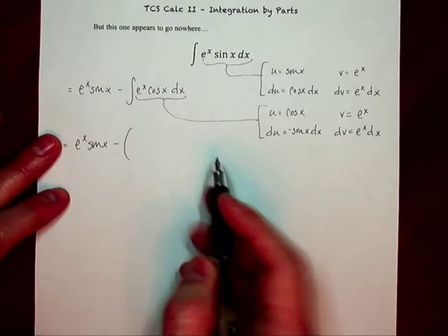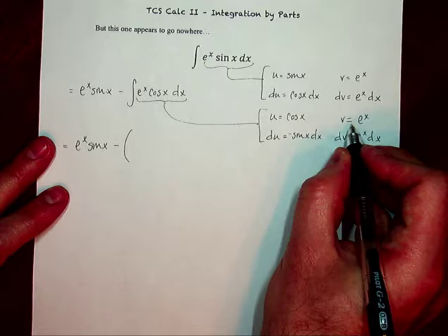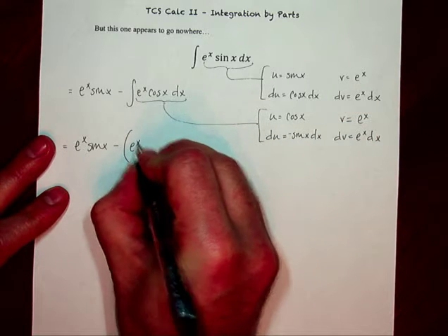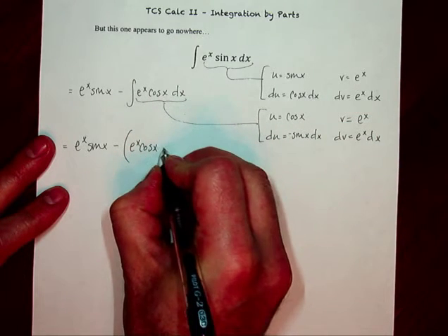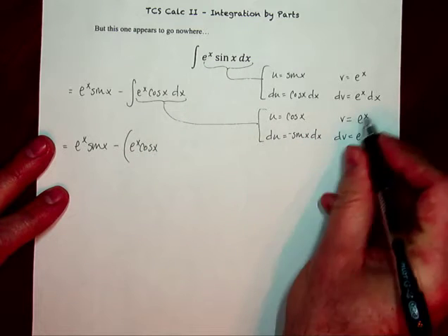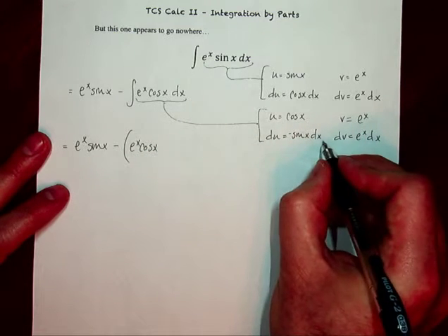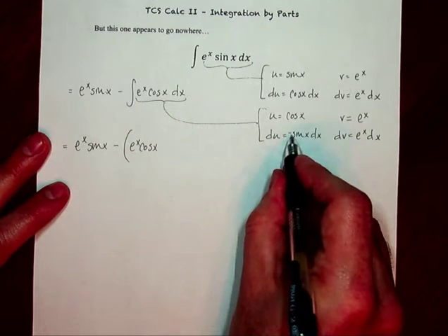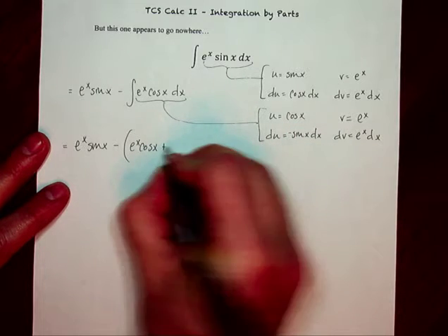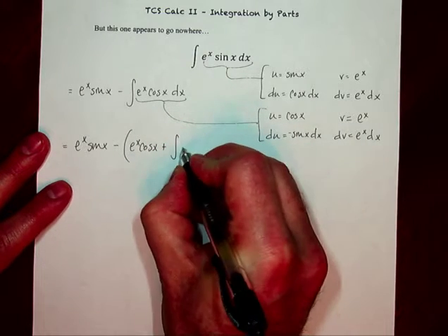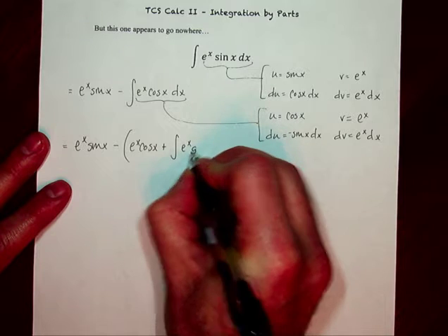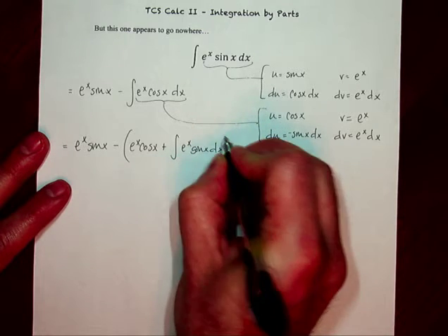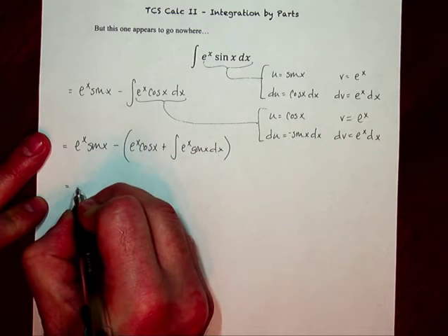So it's uv, so e to the x cosine x minus the integral of e to the x times negative sine x dx. The minus out in front and the negative in the integrand cancel out and become e to the x sine x dx.